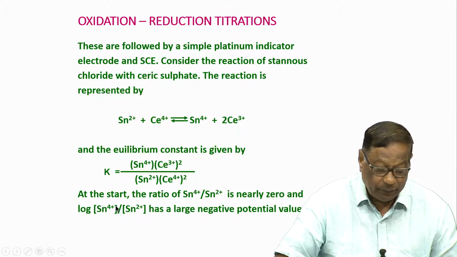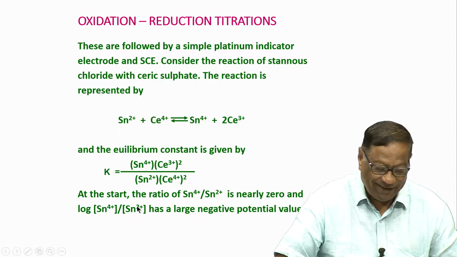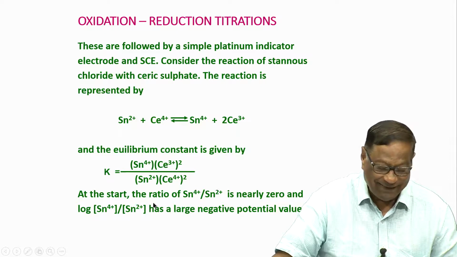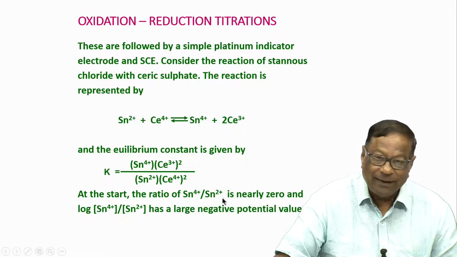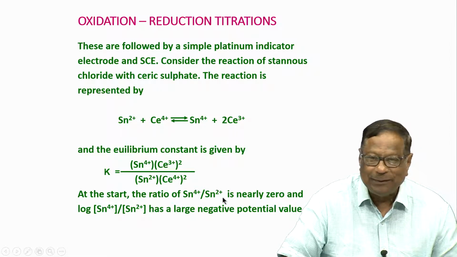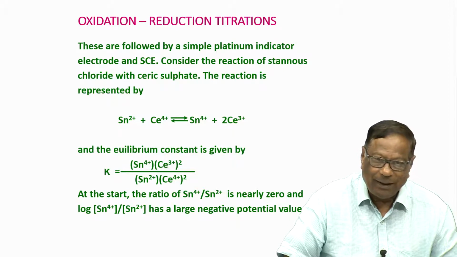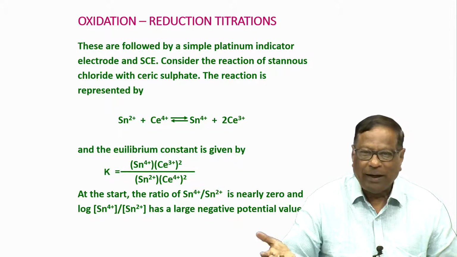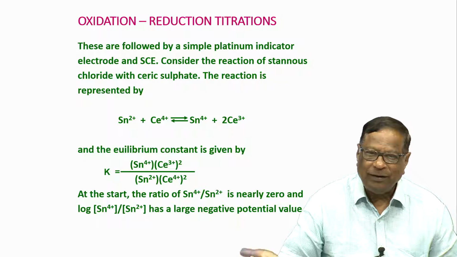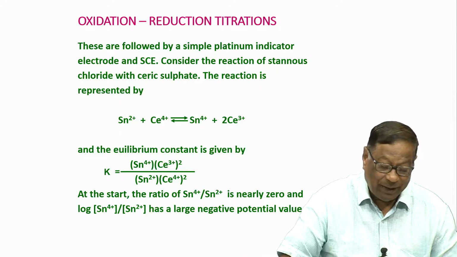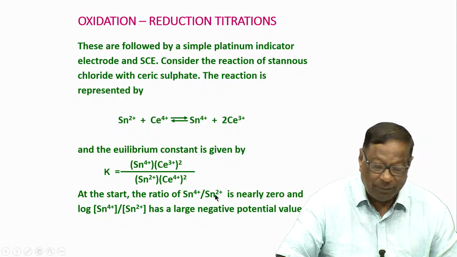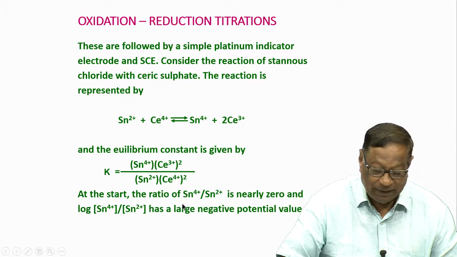At the start of the reaction, the ratio of stannic to stannous is nearly 0, is it not? Because I am taking stannous, I have not added anything. So, most of it is in stannous. So, stannic will be 0. Sn4+ is 0 divided by anything is 0 only.